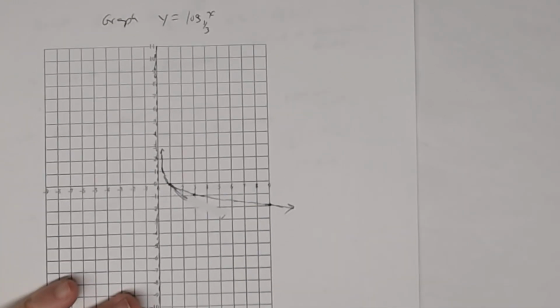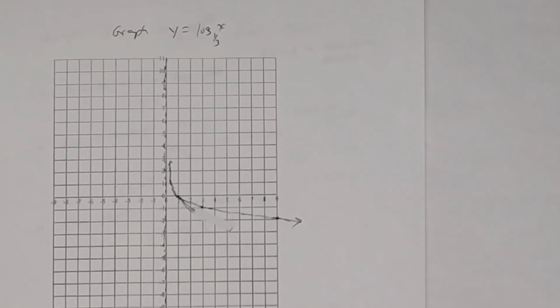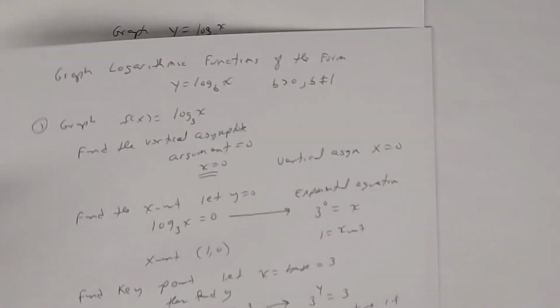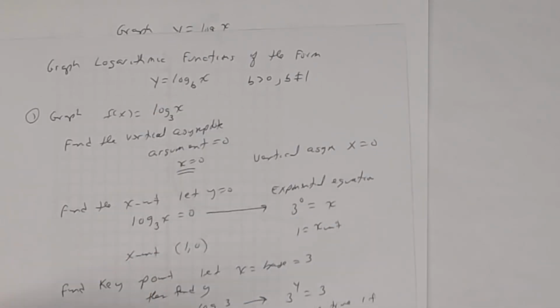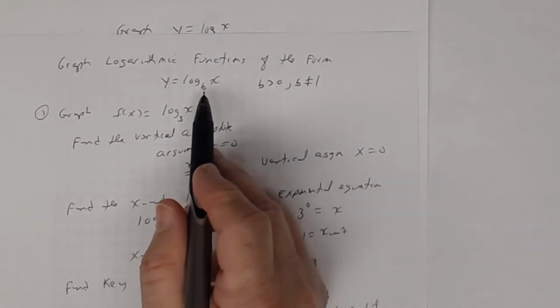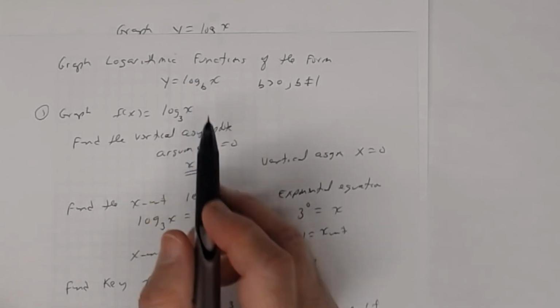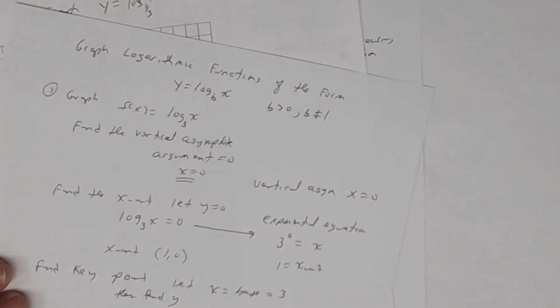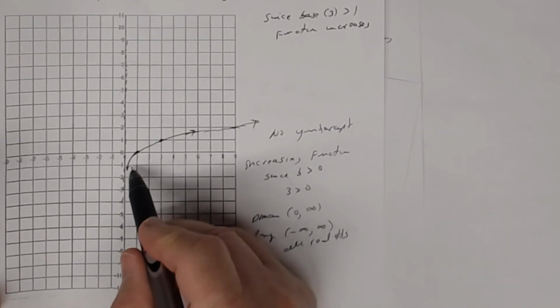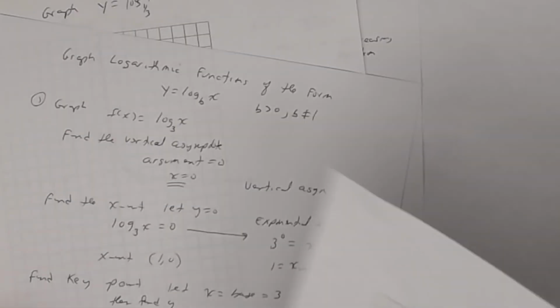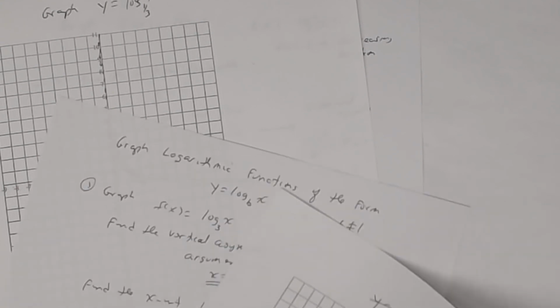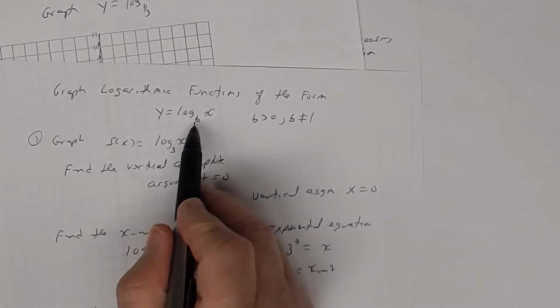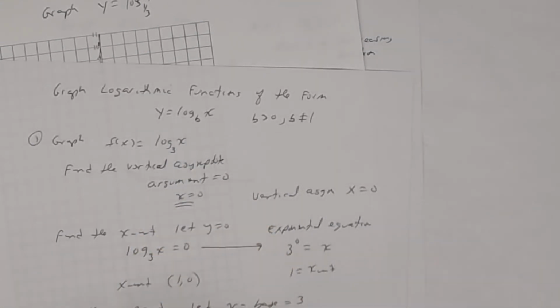All right? Okay, so that is a couple of problems I wanted to show you about how to graph log functions of this form. A couple of things I want you to remember is that if the base is greater than 1, your function is increasing.